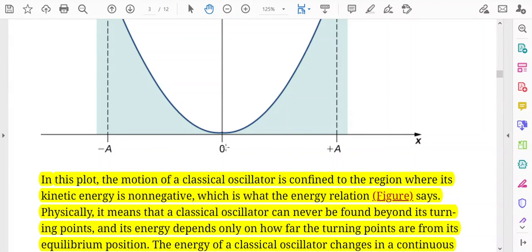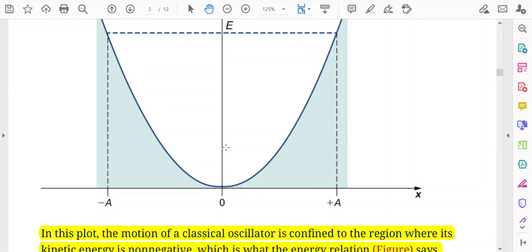In the next lecture we will start our discussion regarding quantum mechanical harmonic oscillators, and we will observe that there are some differences between the classical harmonic oscillator and the quantum harmonic oscillator. The difference lies in the minimum energy. The minimum energy for a classical oscillator is 0, as I have already discussed, and there are also differences regarding the turning points.